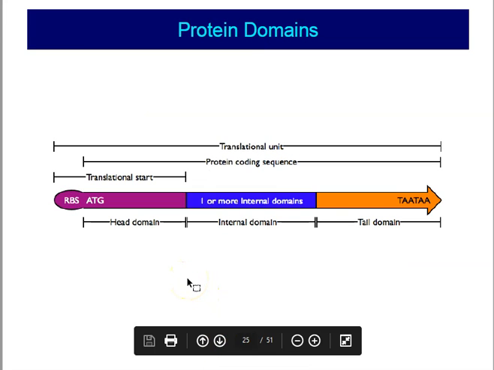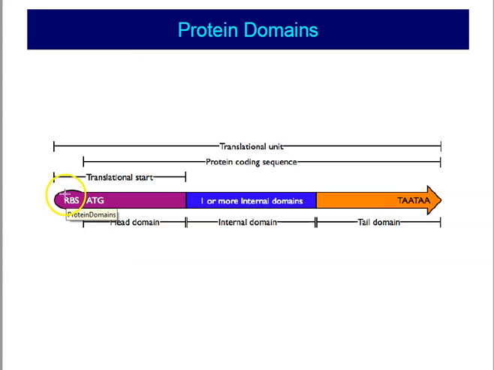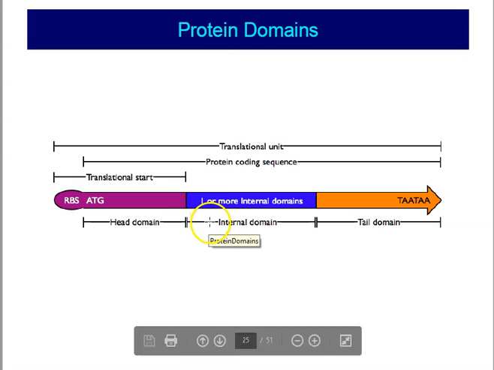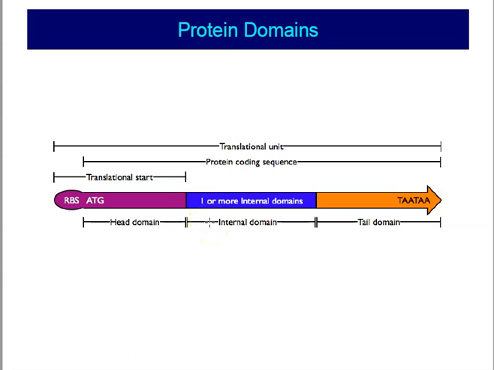So we look back at the domain itself. When we look at a protein domain, we note that we have a ribosome binding site, a start codon, and then you have functional domains within the protein itself. So we have the head domain, the tail domain, and the internal domain. Now you have to understand this from the perspective of a gene which encodes an enzyme.